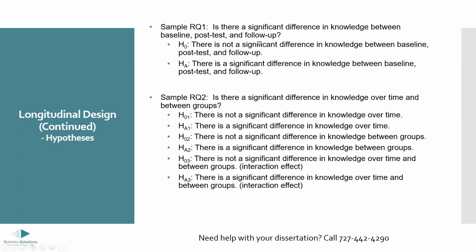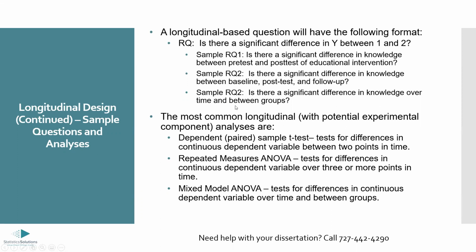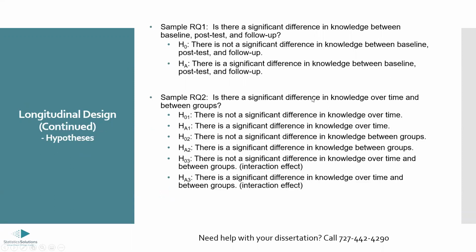So we can see the sample questions here and the sample hypotheses. It's really the third one that can trip people up because there are a lot of moving parts. So for instance, are there differences in knowledge over time and between groups? So say we're just doing a pre-test and post-test, and we have a treatment and control group.